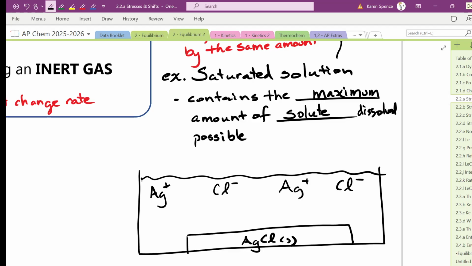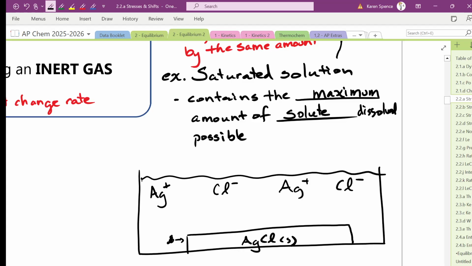Do no particles ever get bashed? A little water molecule is going to come over here and bash into the side of the AgCl and knock some of those ions free. So it's not like it stops dissolving, but the solution is full.